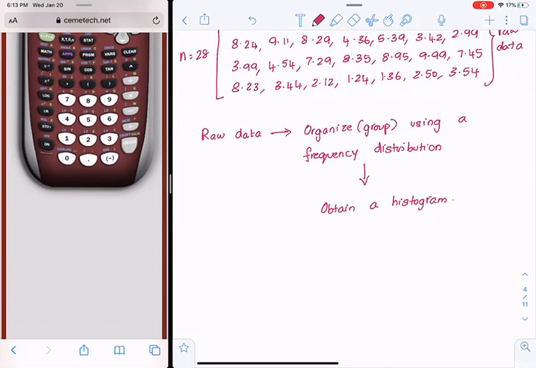And what is a histogram? A histogram is simply a bar graph for continuous quantitative data.